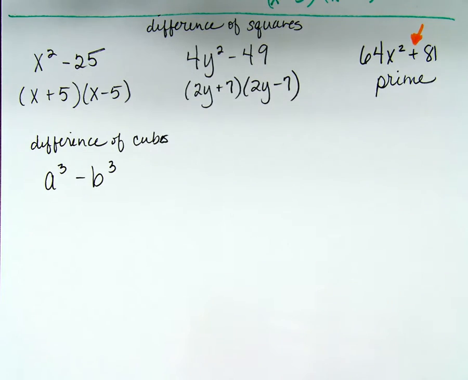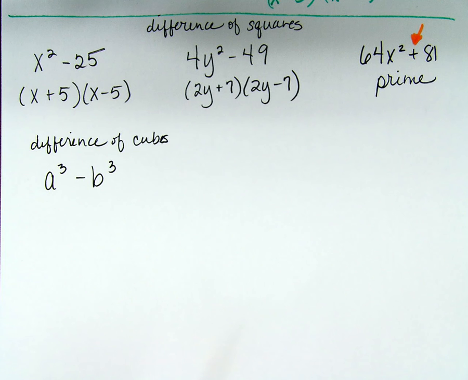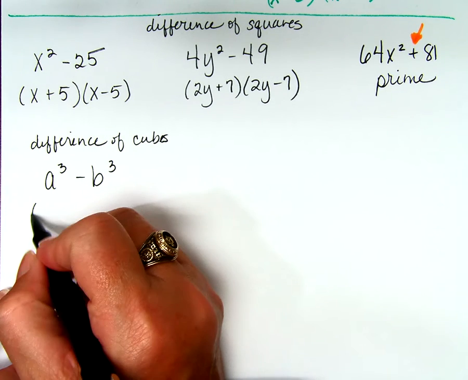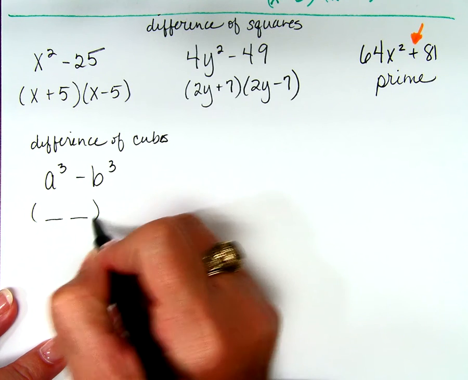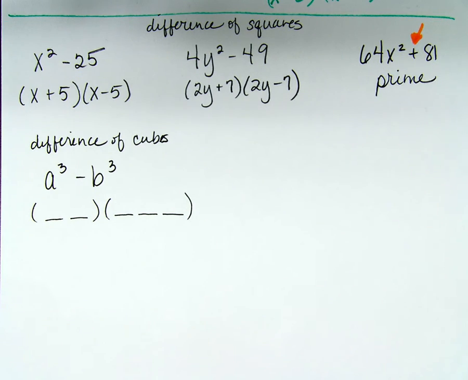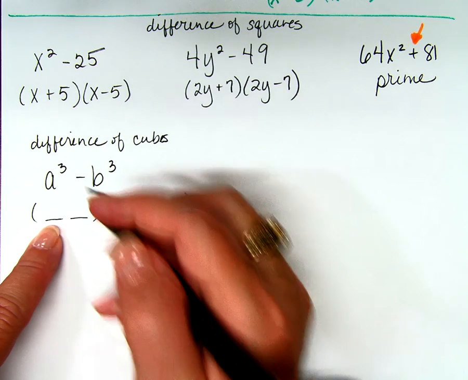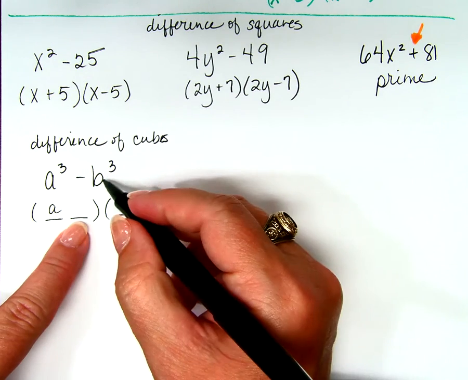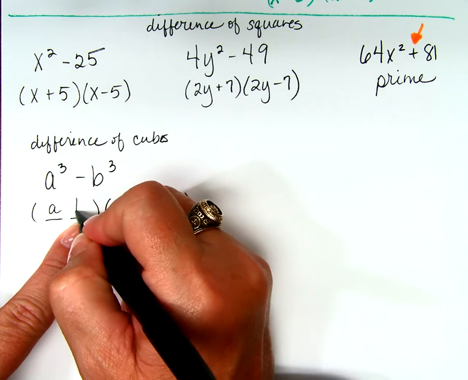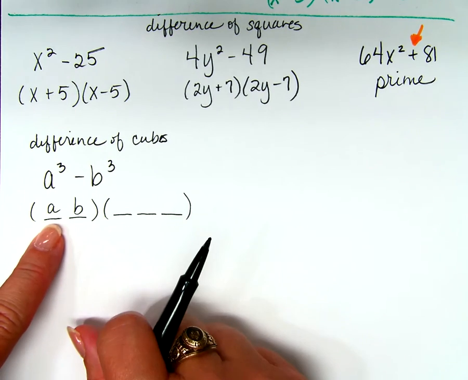Remember when I taught you difference of cubes, I taught you a pattern? If you don't remember the pattern, that's okay because I do, and I can show you. Is that all right? So what I said is you're going to get a binomial and a trinomial. Okay? What goes in the first part of the binomial? A. What goes in the second part of the binomial? B. Right? We get that one first because the trinomial is based on the binomial, isn't it?